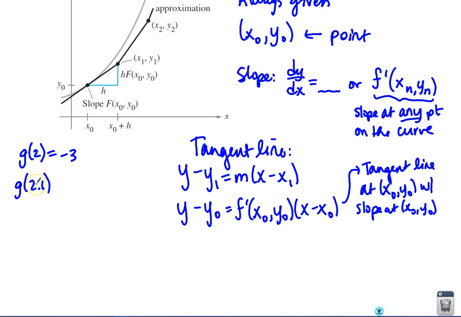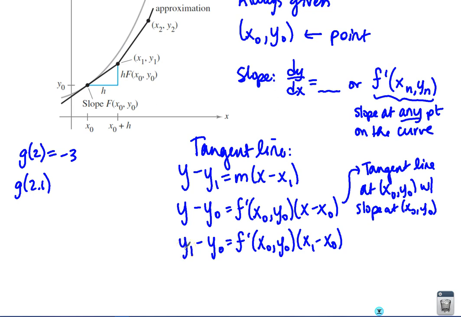So here that distance is 0.1, or that's your h. Now I'm going to use this to make my approximation for y1. So y1 minus y naught is equal to f prime at x naught, y naught times x1 minus x naught. I'm going to tell you how far away this point is from your original x value, so you can use that distance to predict what y1 is.